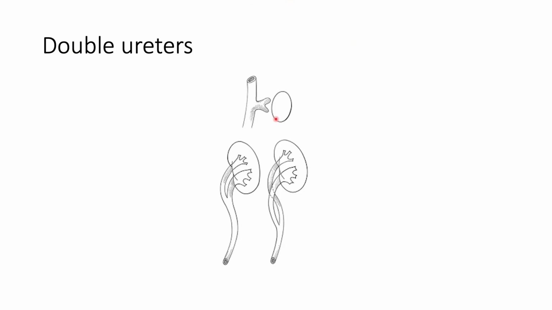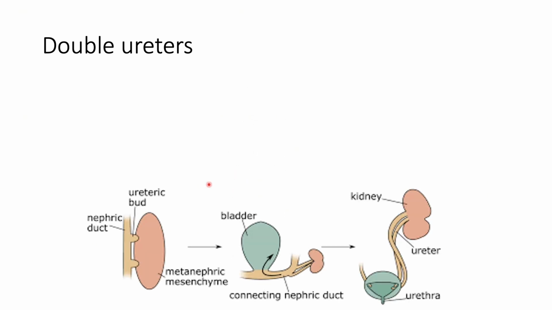Okay, you can also have double ureters. Remember, ureters are formed from the ureteric bud. Once this has bifurcated, it means that it's going to have two ureters, so you have something like that with the bifurcation. You may also have two direct ureters.